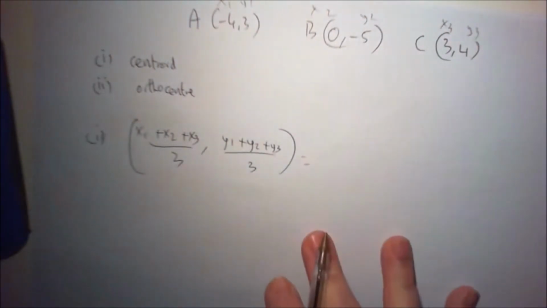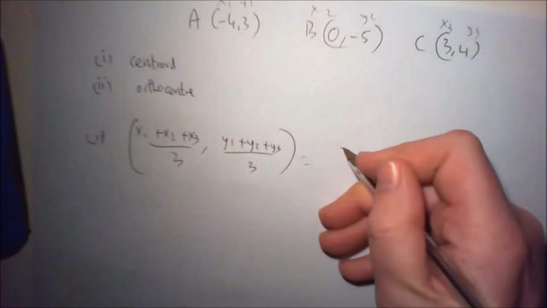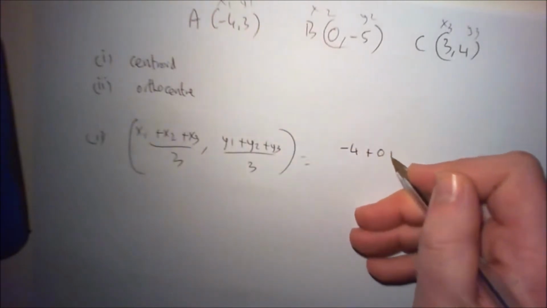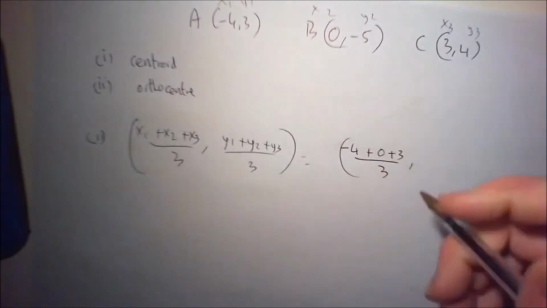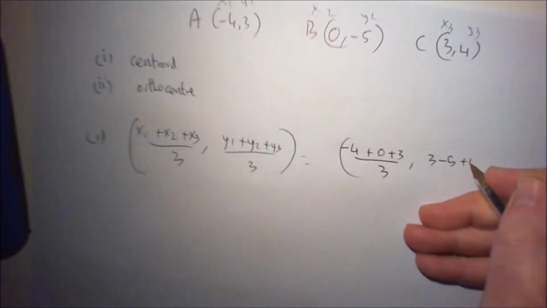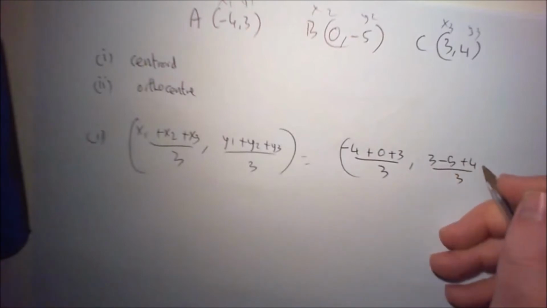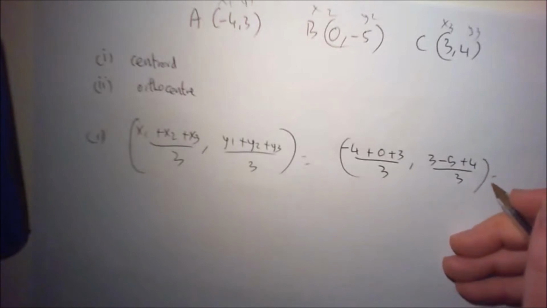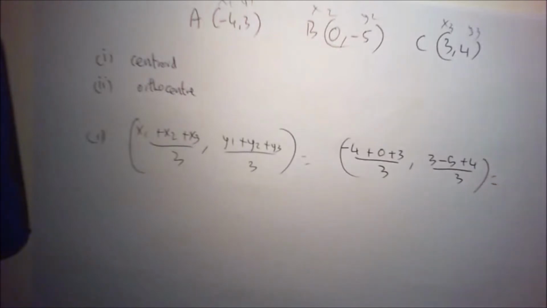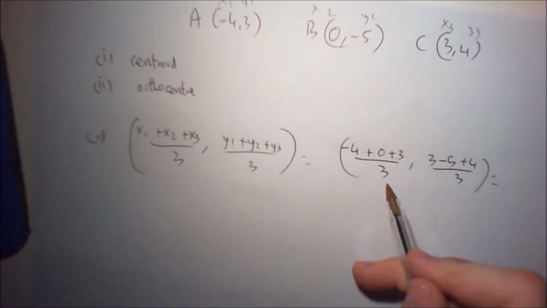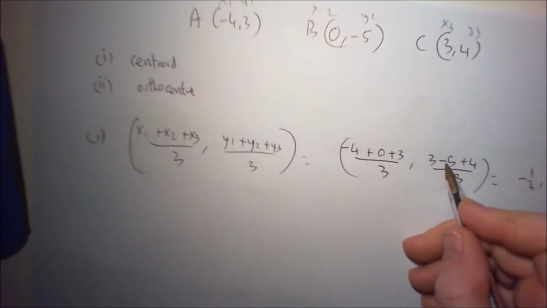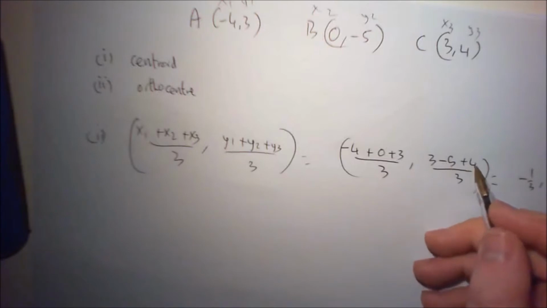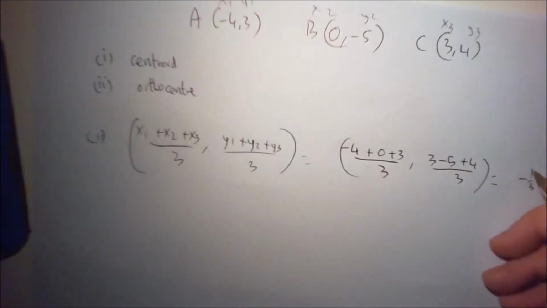Okay, so that's going to give me (-4 + 0 + 3)/3, comma, (3 - 5 + 4)/3. That gives me -4 plus 3 is -1, so minus a third. And 3 minus 5 plus 4 is 2, so 2/3.